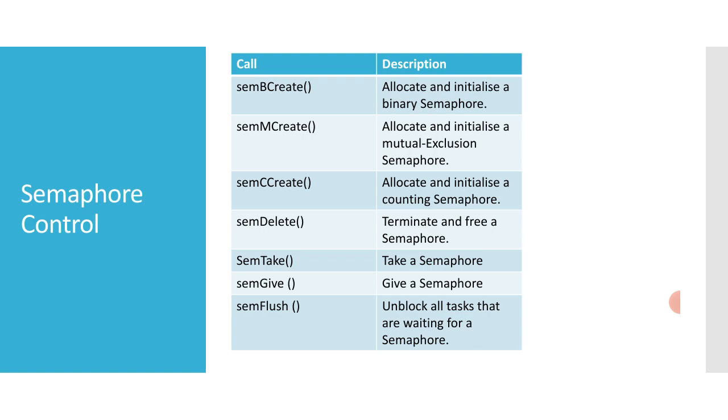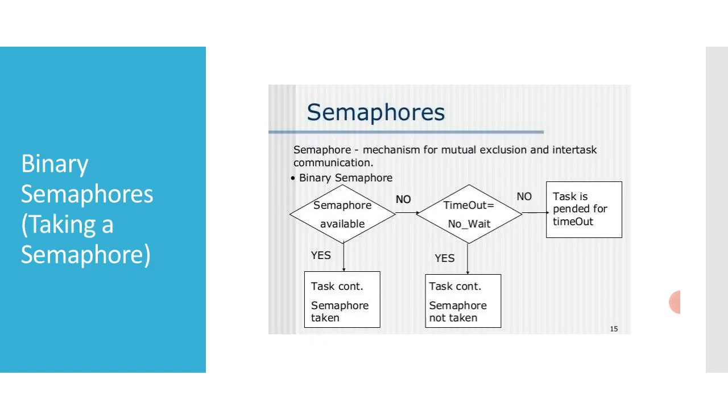Now we will see about binary semaphores. The general purpose binary semaphore is capable of addressing the requirements of both forms of task coordination: mutual exclusion and synchronization. The binary semaphore has the least overhead associated with it, making it particularly applicable to high performance requirements.